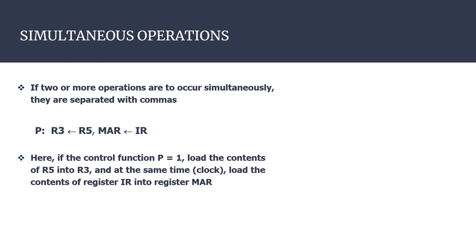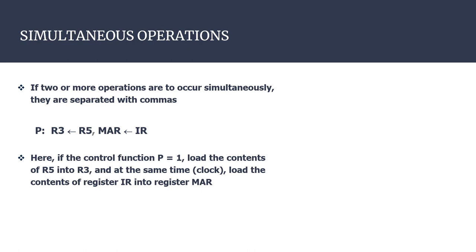So for simultaneous operation of this type of register transfer statements, we can use a control function. So if p value will be 1, then these two register transfers will be performed simultaneously.